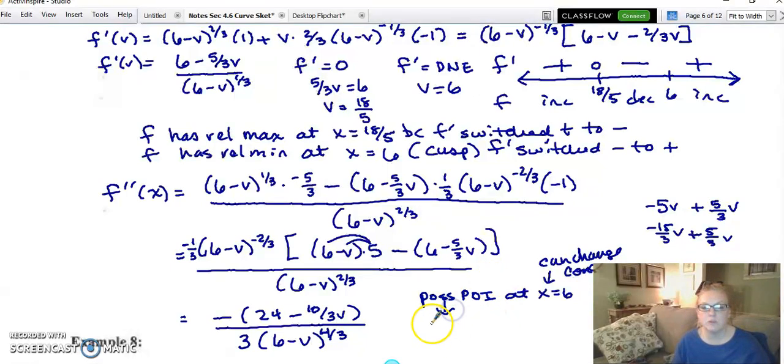The only actual possible point of inflection is going to happen where 24 minus 10/3 v is equal to 0, which is where your second derivative is equal to 0. So we'll take a look at that, and we get 10/3 v equals 24, or v equals 36/5.